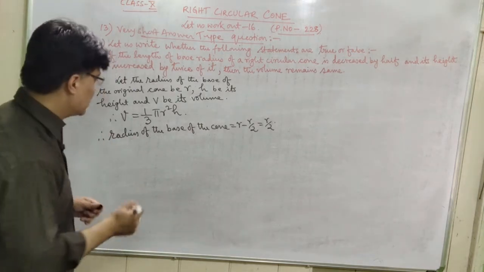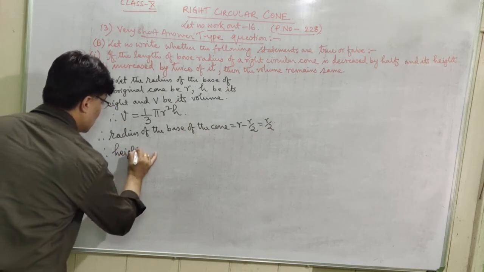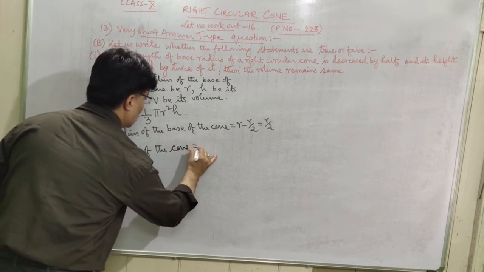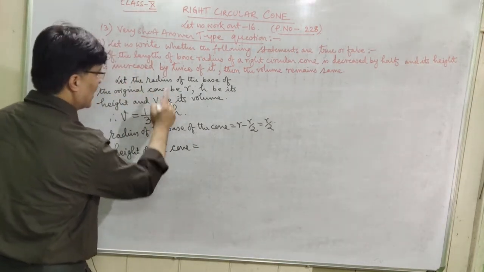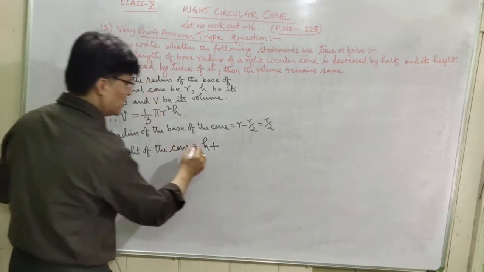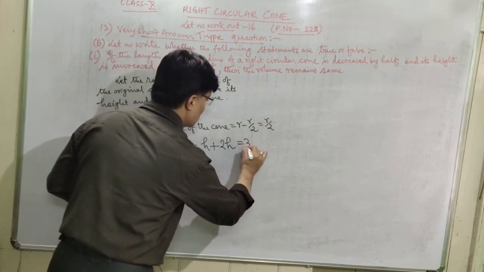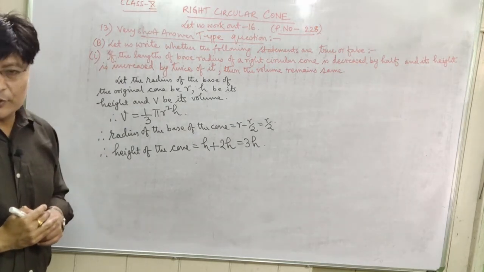So now the height of the cone is increased by twice of it. The original height is h, so it is increased by twice h, which is equal to 3h. So I think you have understood it.